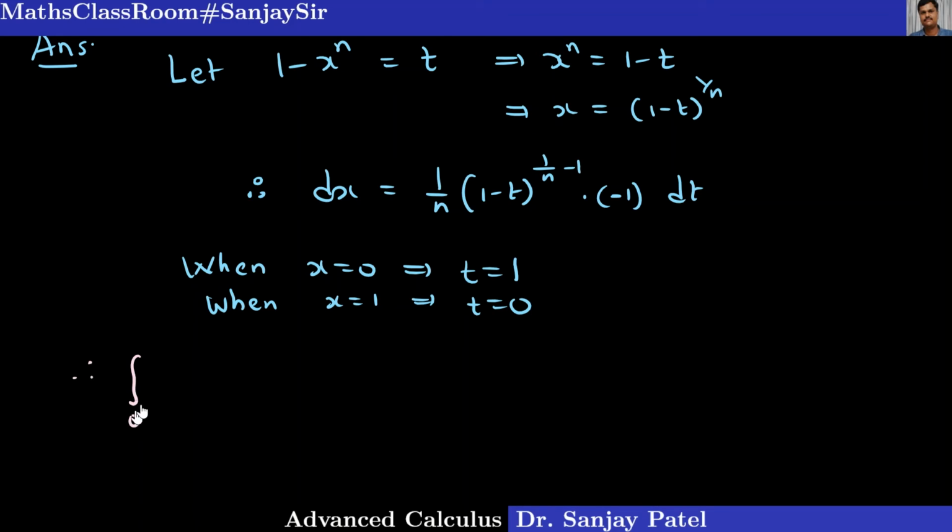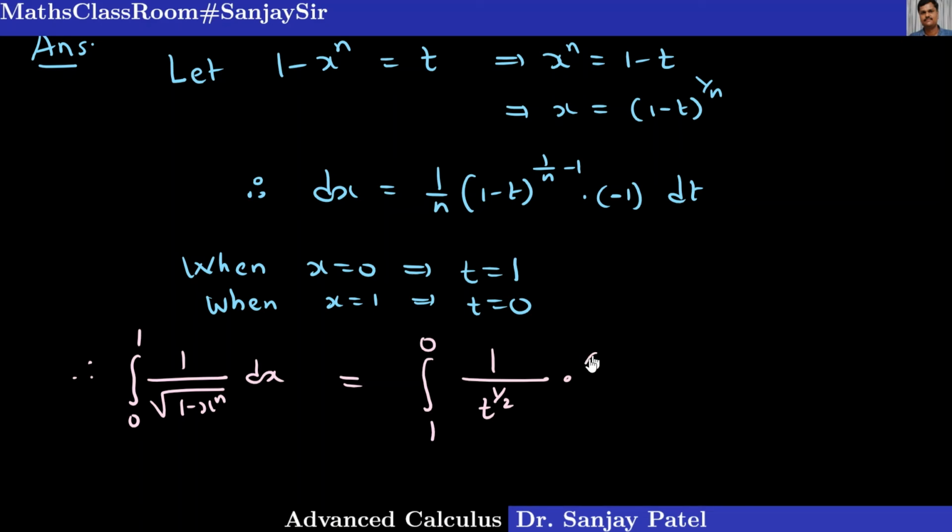integral 0 to 1 upon square root of 1 minus x raised to n dx. We can write as integral for x equal to 0, we have t is equal to 1. And when x is equal to 1, we have t equal to 0. It is like that. And 1 minus x raised to n we have taken as t. So it is t raised to 1 by 2 into the dx. dx is this.